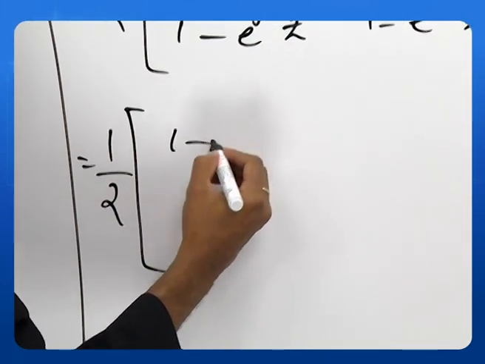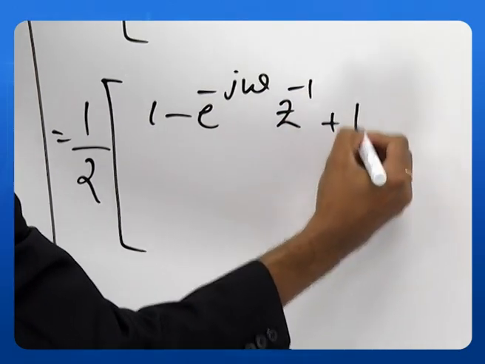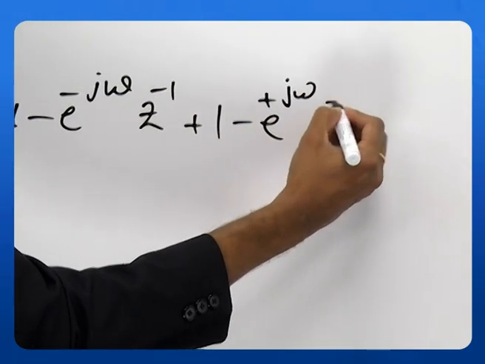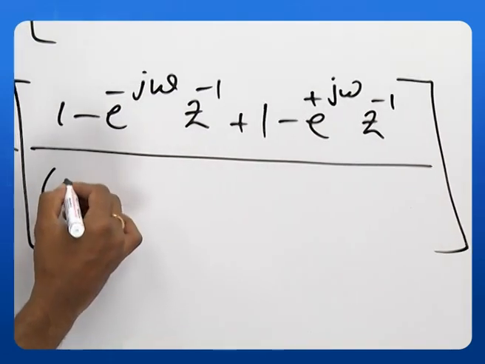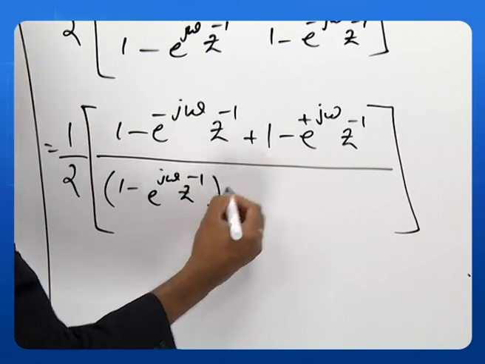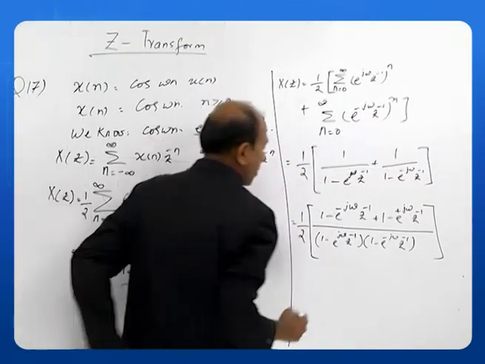The numerator will be 1 minus e to the power of minus j omega z to the power of minus 1 plus 1 minus e to the power of j omega z to the power of minus 1. Then the product of these two: 1 minus e to the power of j omega z to the power of minus 1 into 1 minus e to the power of minus j omega z to the power of minus 1.